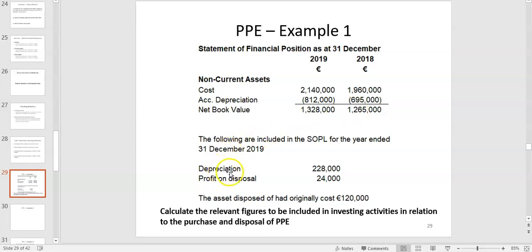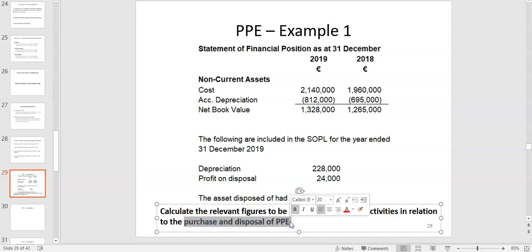So for example, we know during the year depreciation was charged at 228. We know there was a profit on disposal, and we know that the asset disposed of originally cost 120,000. And what they're asking you is, what are the relevant figures to be included in the investing activities in relation to the purchase and disposal of property, plant and equipment?